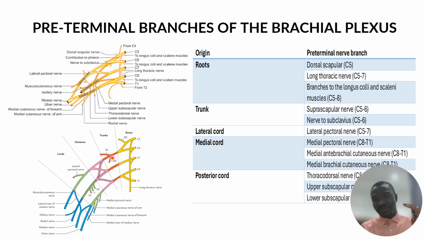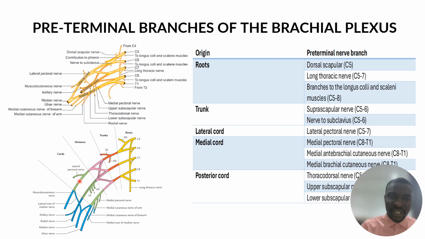It's going to supply the infraspinatus and the supraspinatus as well. And then you're going to see another branch, the nerve to subclavius, just right there at C5 to C6, that supplies the subclavius muscle.